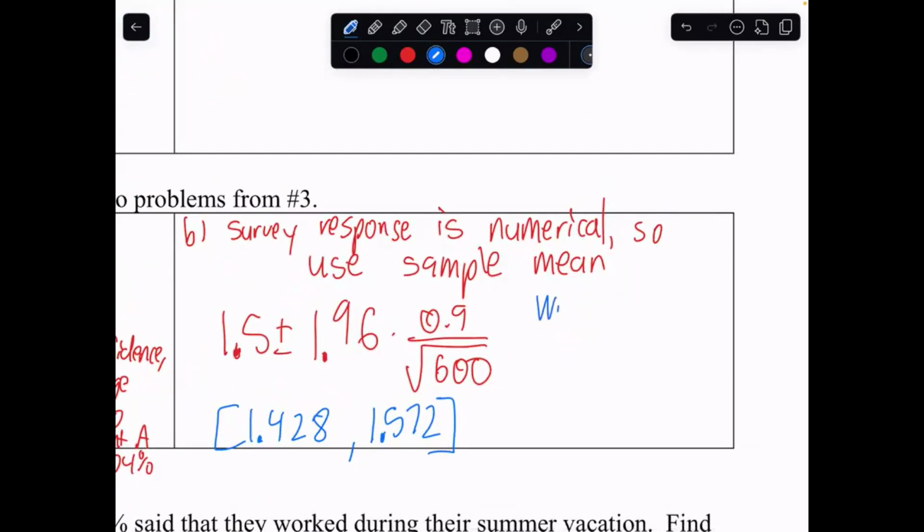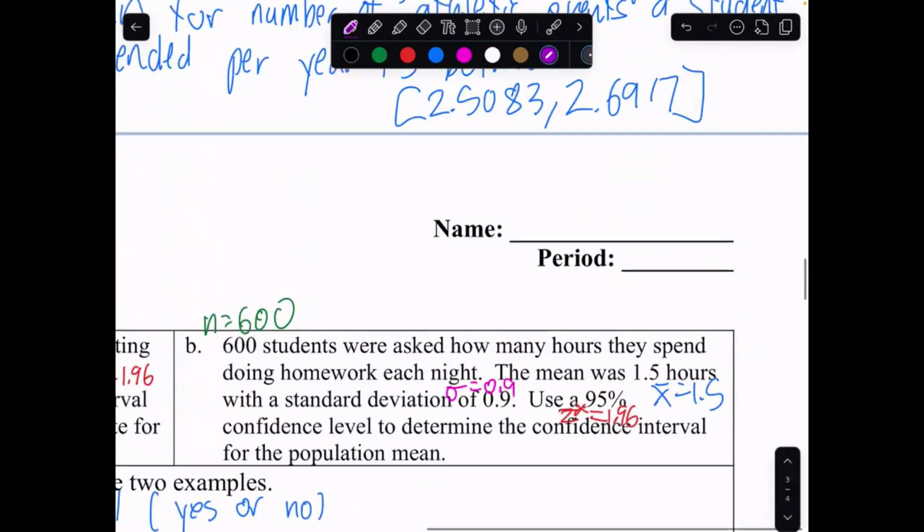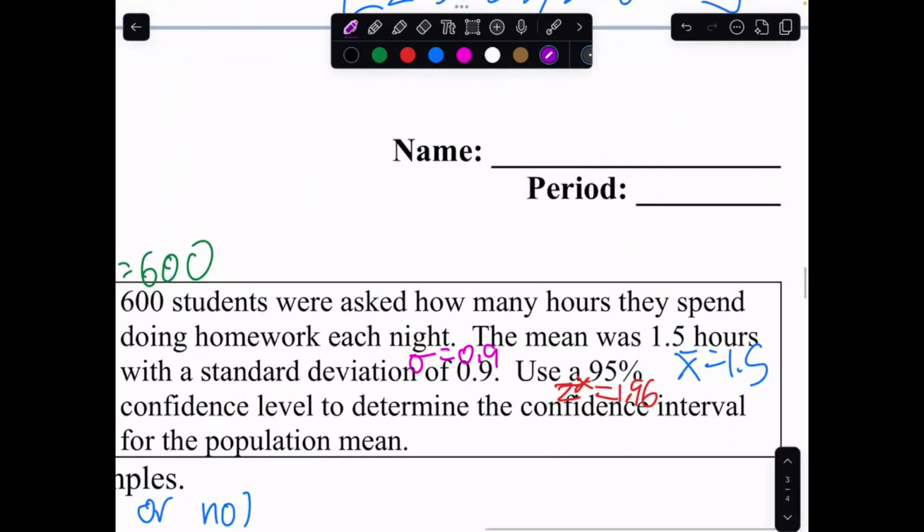And then this would be written as a sentence. Let's remember, what do these numbers represent? You have to go back to the problem. We're trying to measure how many hours they spend doing homework each night.